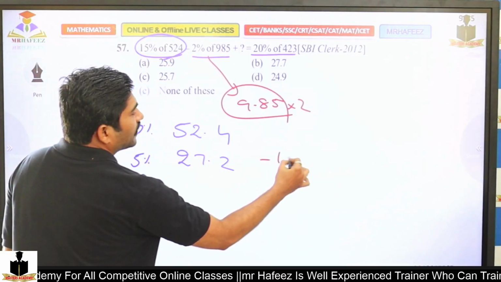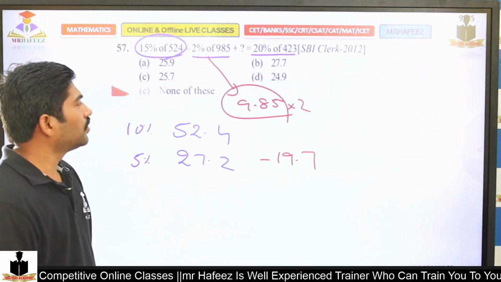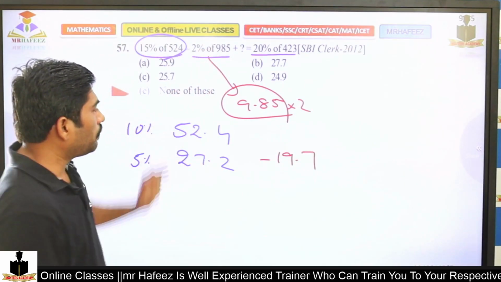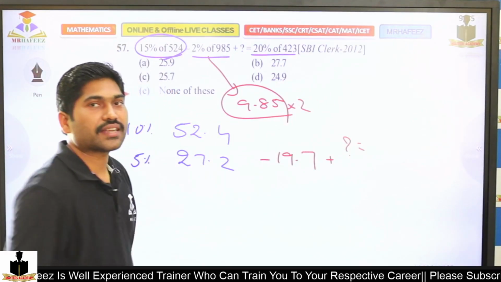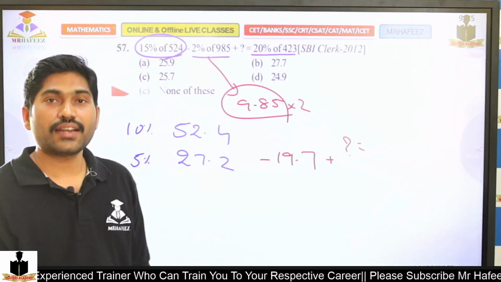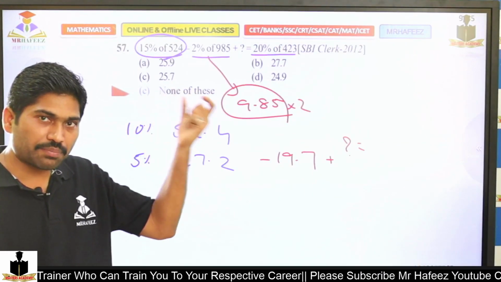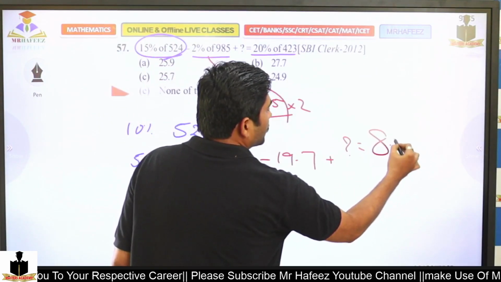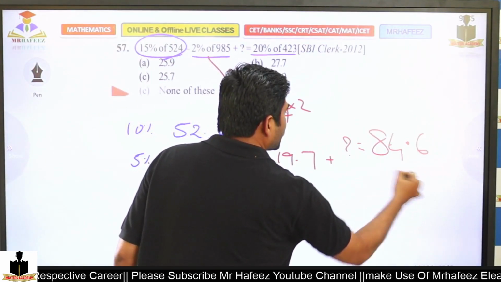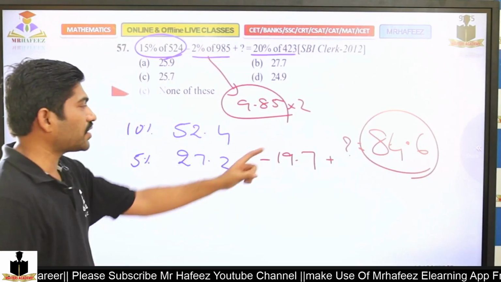So 19.7, plus question mark, equals 20% of 423. 10% is 42.3 and 20% is 84.6.